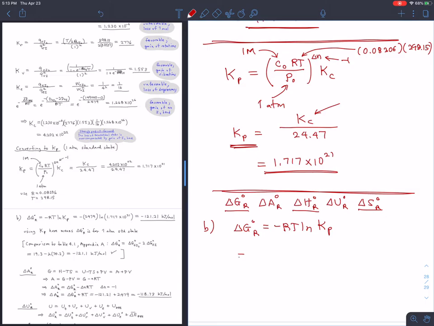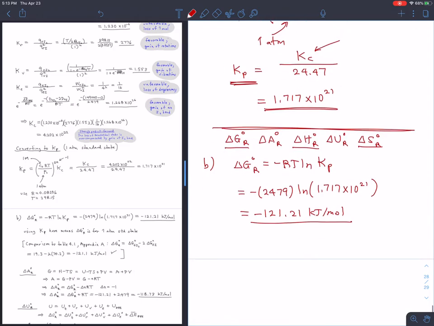In that case, it's minus 24.79 for 298 K log of 1.717 times 10 to the 21, and that gives us minus 121.21 kilojoules per mole for the standard state delta G change for this reaction.